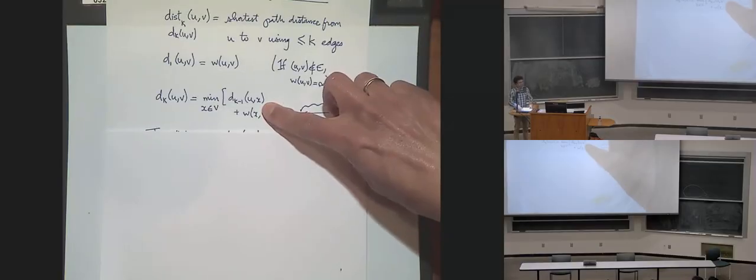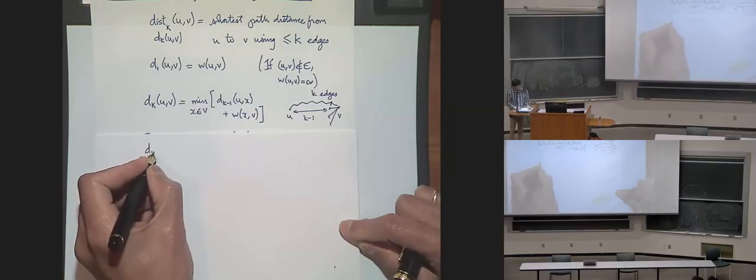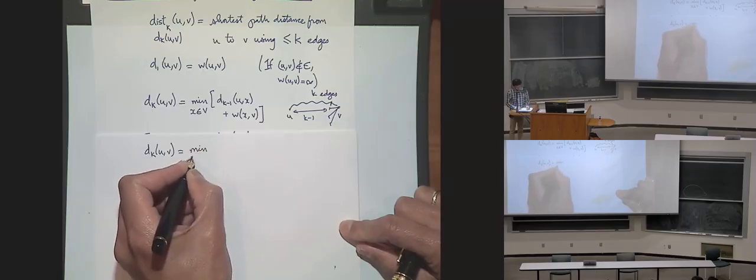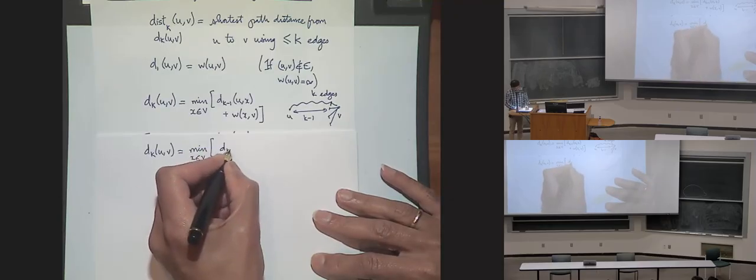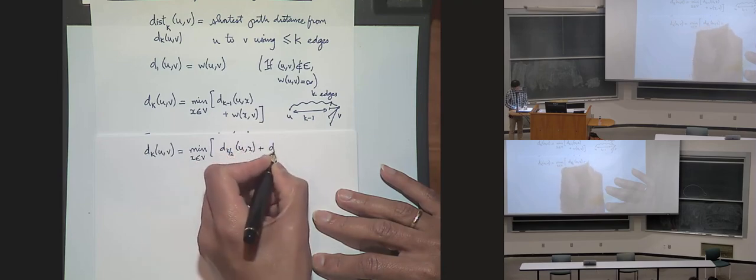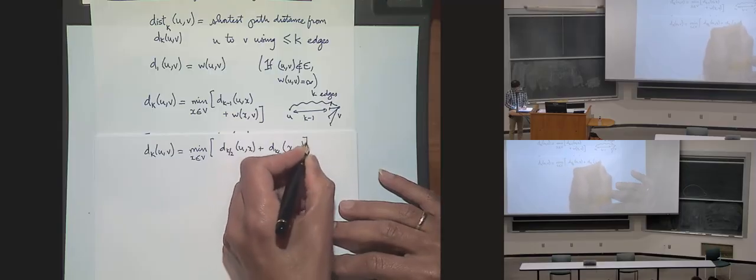I'm just going to change this recurrence and say, instead of that, I can also say this. It's the min over x of d of k over 2 of u,x plus d of k over 2 of x,v.